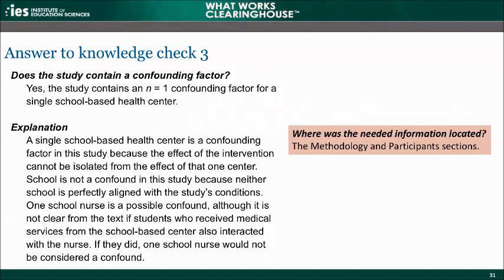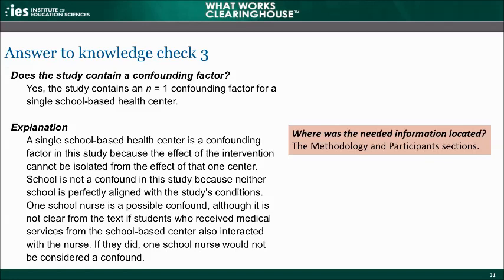So does the study contain a confounding factor? Yes. The study contains an n=1 confounding factor for a single school-based health center. So here's the explanation. The single school-based health center is a confounding factor in this study because the effect of the intervention cannot be isolated from the effect of that one center.